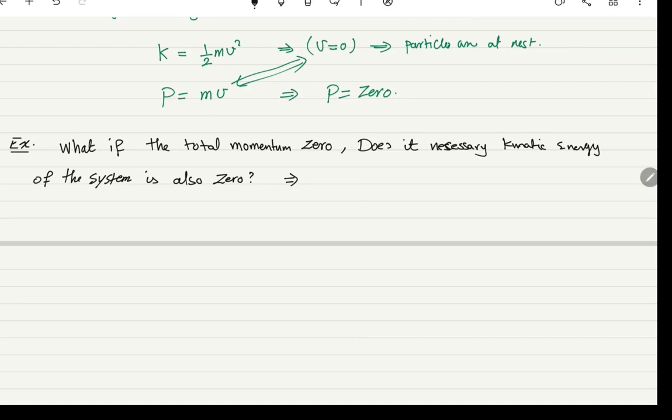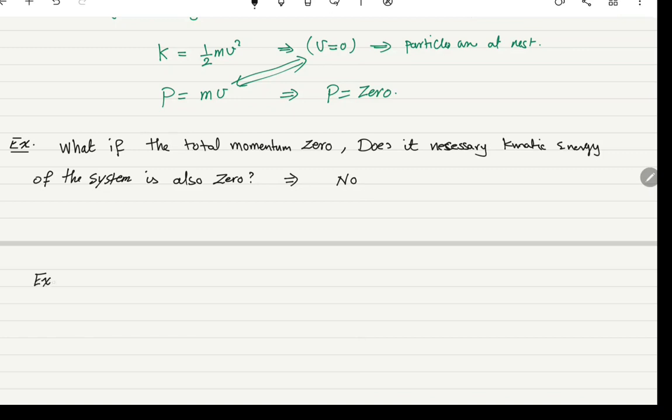They just cancel out when you add them together because they are vector quantities. In this case, the kinetic energy is not necessarily 0 because the particles are moving. So to answer this question, no, the kinetic energy is not necessarily 0 in this case.